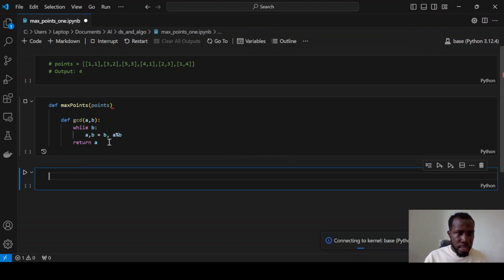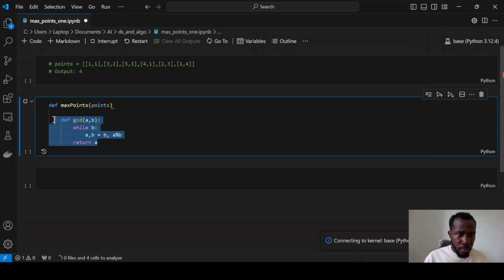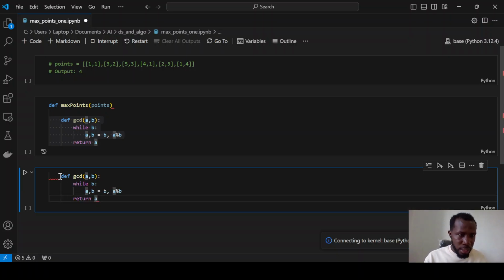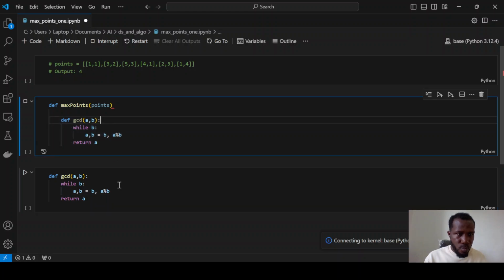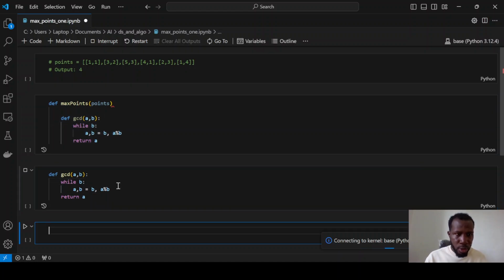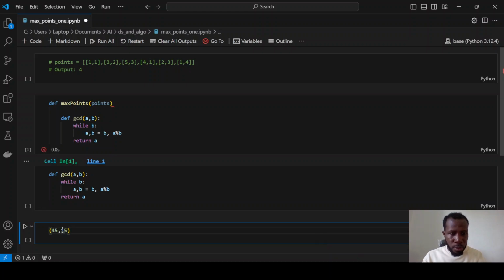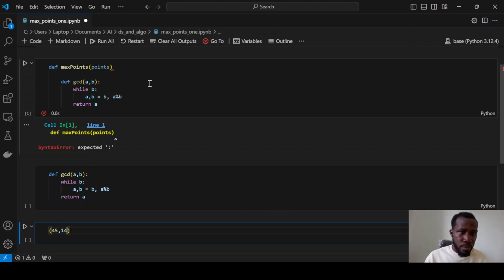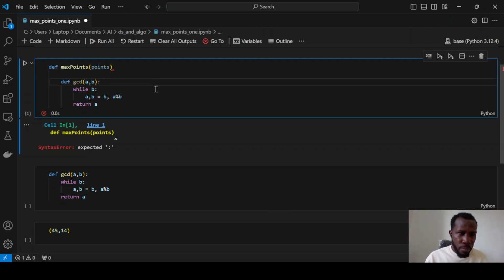So if we have the GCD now, what I want to show in this formula is the greatest common divisor. If you have something like a total of 45 and 15, let's think about this.